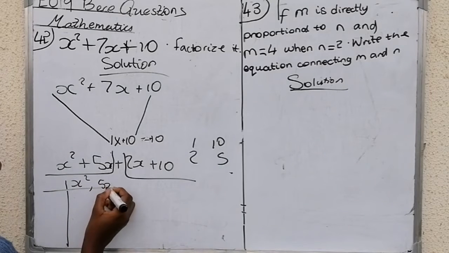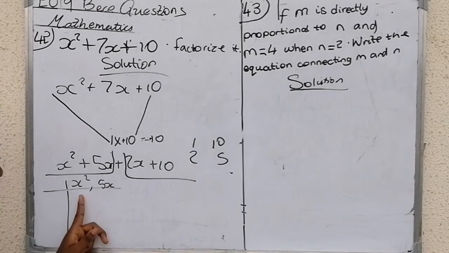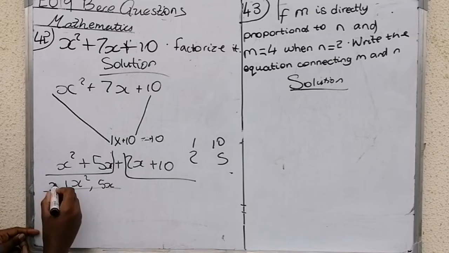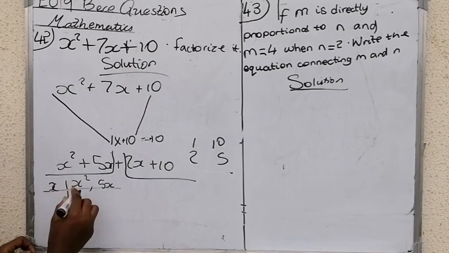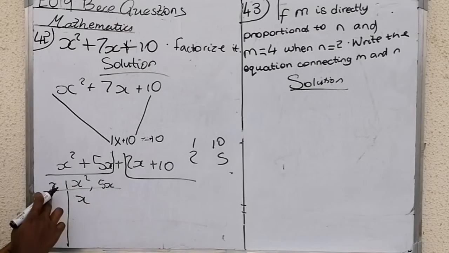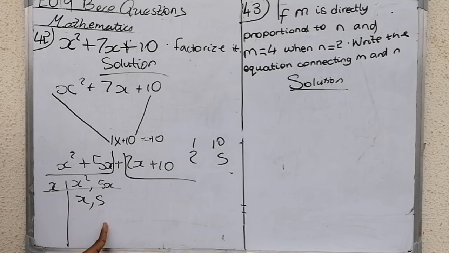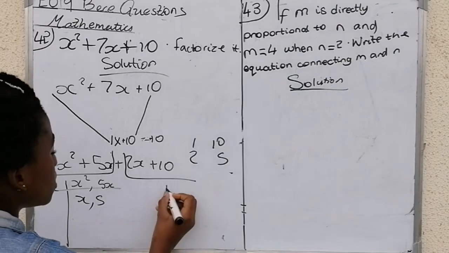What can x squared and 5x be divided by? x. x squared divided by x is x, and 5x divided by x is 5. Can anything divide both of these? No, nothing else can.